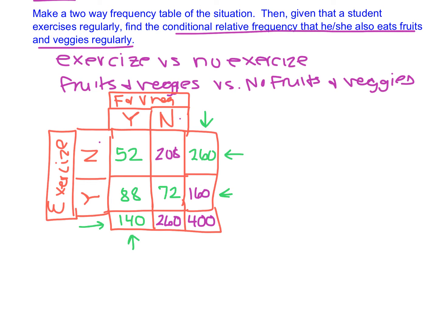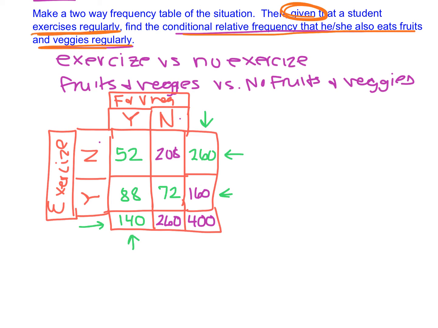So now that I've got this table filled in, I'm actually going to move forward to answer the question that I was originally asked. It says, find the relative frequency that he or she eats fruits and veggies, given, so here's our given, that we exercise regularly.